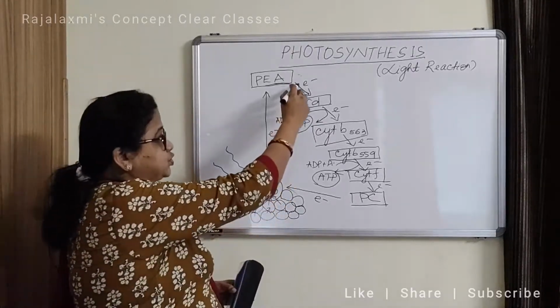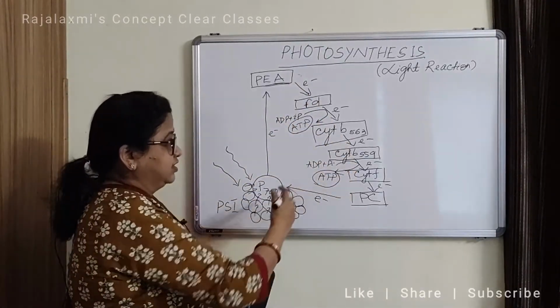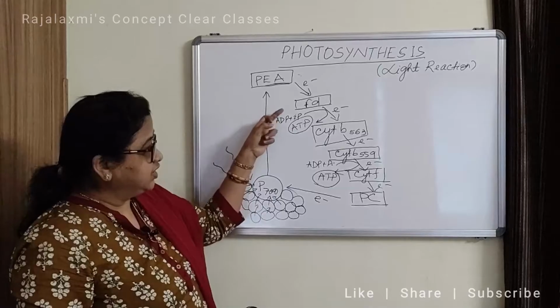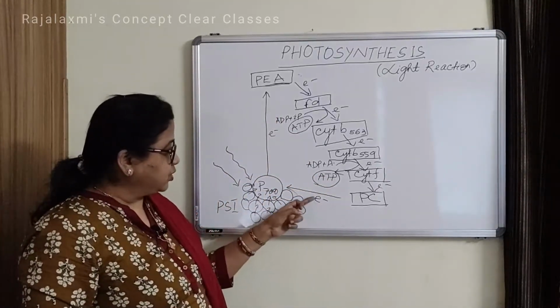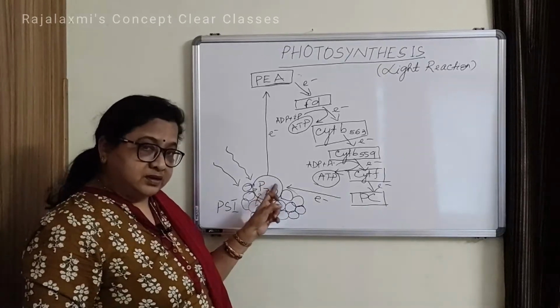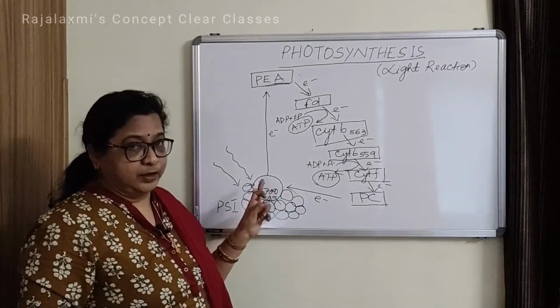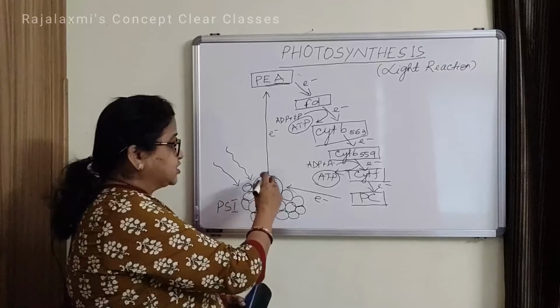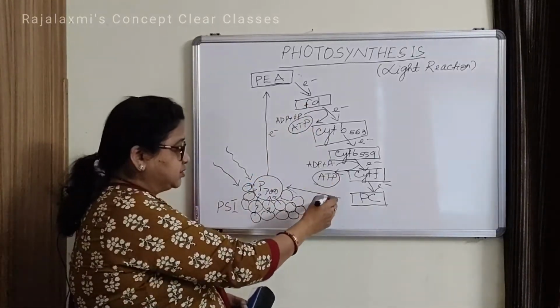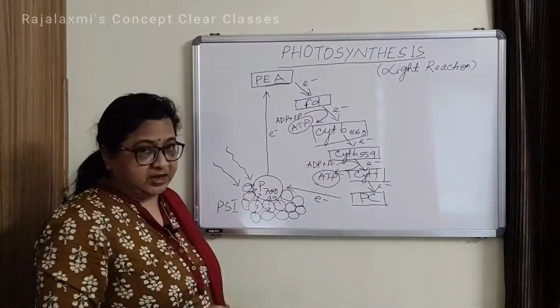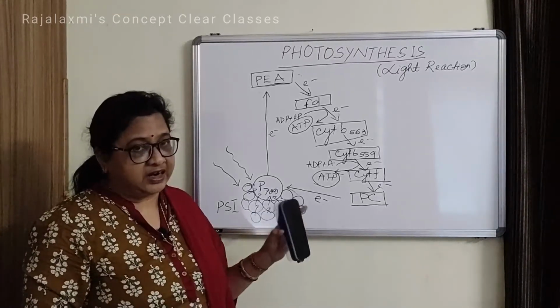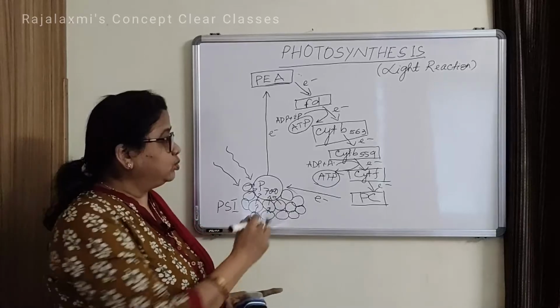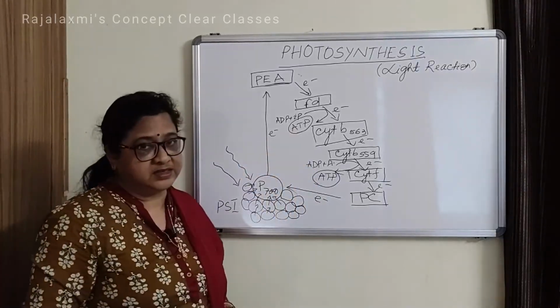Then it moves through an electron chain consisting of ferredoxin, a number of cytochromes and plastocyanin, and comes back to the same chlorophyll A molecule. As the same electron comes back to the chlorophyll A molecule, it is called cyclic photophosphorylation, and in this process two molecules of ATP are synthesized.